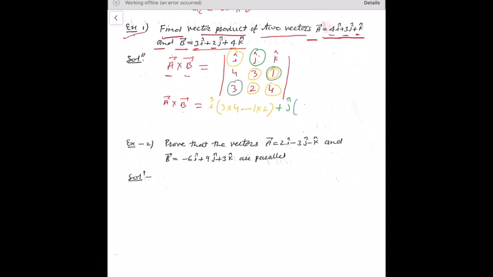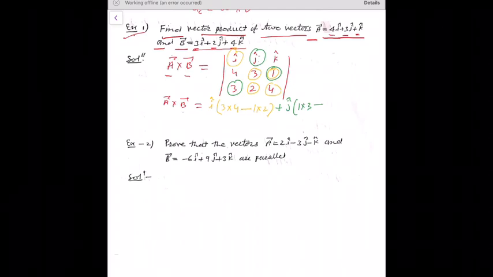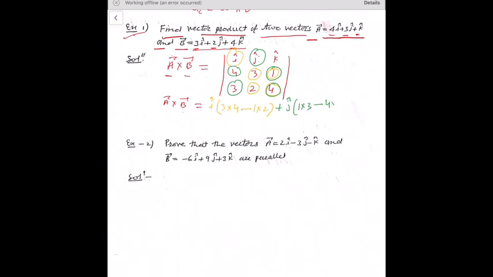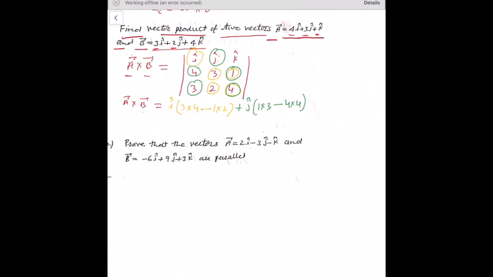First you multiply 1 into 3, 1 into 3 minus 4 into 4. Plus k cap. For k cap, first you multiply 4 into 2, 4 into 2 minus 3 into 3.